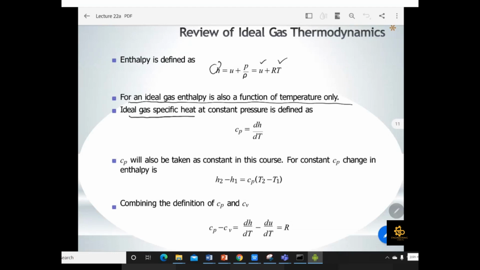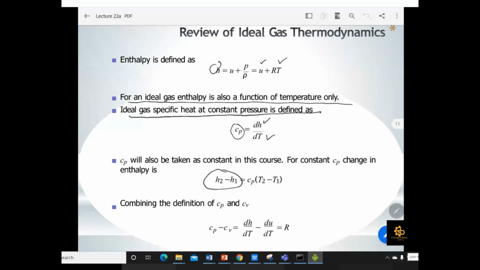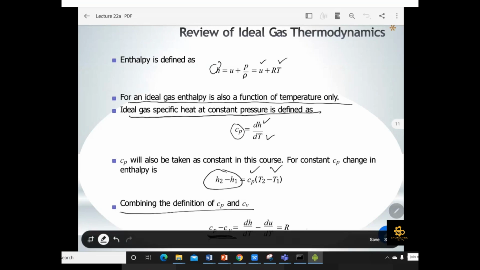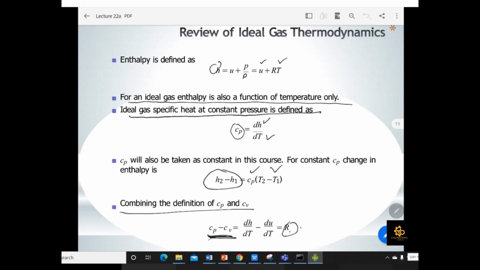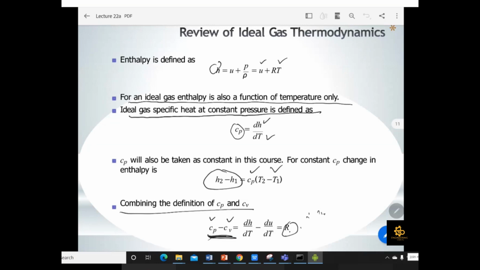The ideal gas specific heat at constant pressure is defined as Cp equals dH over dT, and there is another relation, delta H is equal to Cp delta T. And one relation which we didn't use previously is Cp minus Cv equals R, where R is the gas constant, Cp is the specific heat at constant pressure, and Cv is the specific heat at constant volume. We will quickly do the proof so that you are not confused about how this equation comes about.